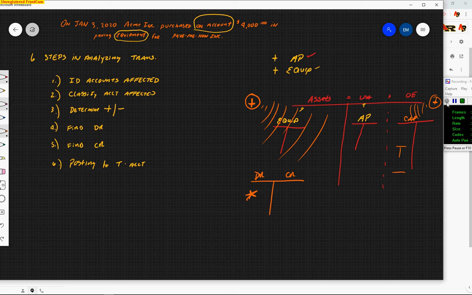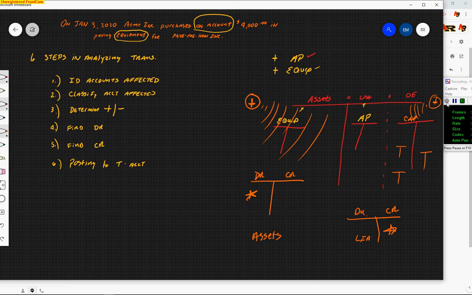We're not going to talk about the temporary accounts inside there, but these permanent accounts increase by credit. So assets, and we're going to put over here liabilities. Liabilities increase by credit.